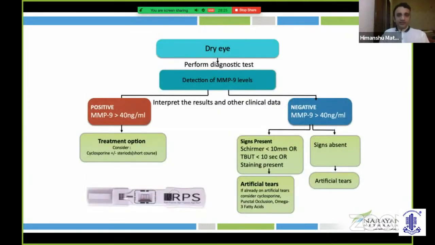It's a very simple test, and it tells us if the MMP9 level is more than 40 nanograms per ml. If the MMP9 level is high, that means there's significant inflammation on the ocular surface, and the patient would need anti-inflammatory molecules like cyclosporin, topical steroid, or tacrolimus. Or if the MMP9 level is low, then possibly lubricants may be good enough.